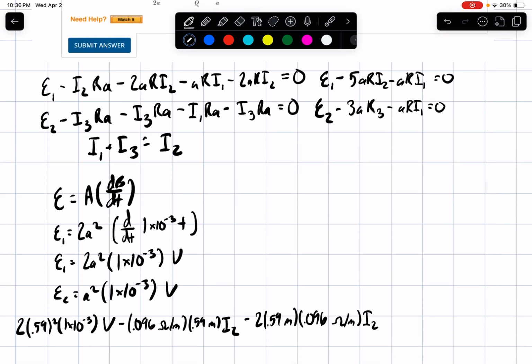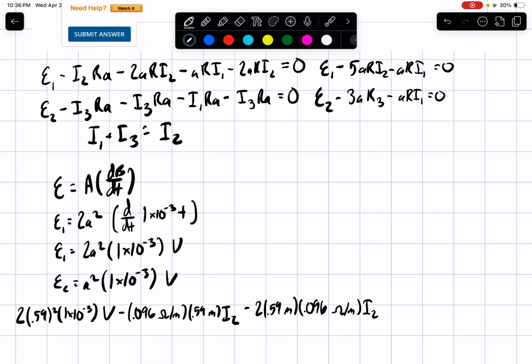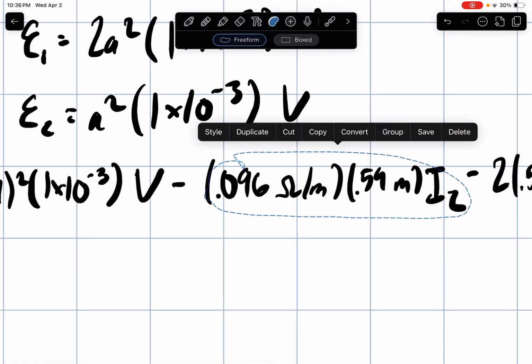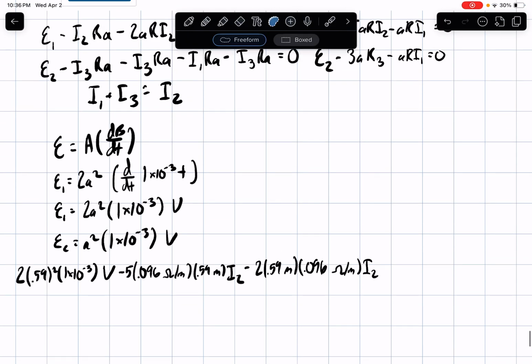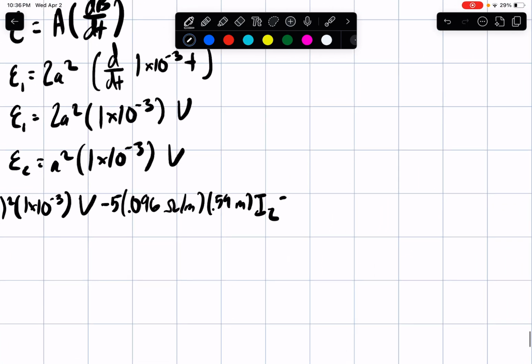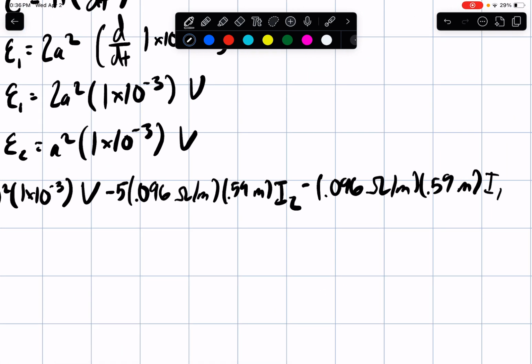So here we could just multiply this by 5, and to continue on with the minus ARI1, it'll be 0.096 ohms per meter times 0.59 meters, times I1, is equal to 0.